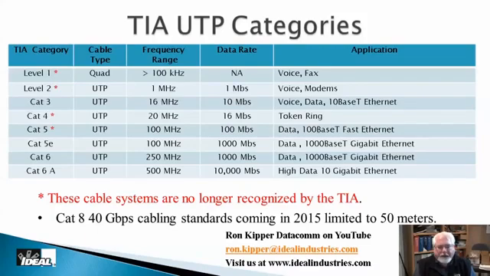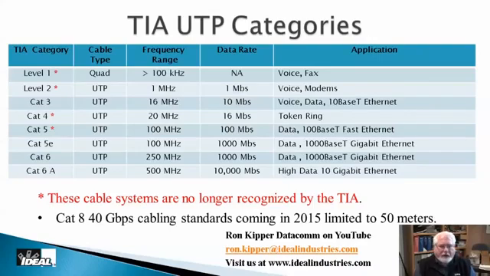Okay? Now, Cat 4 cable came out, and it was really pushed by IBM and referred to old token ring data systems. You won't find it anymore, by the way. You won't find Level 1 or 2 anymore either. You can see that the frequency jumped to 20 megahertz and up to 16 megabits per second, but it died very fast.